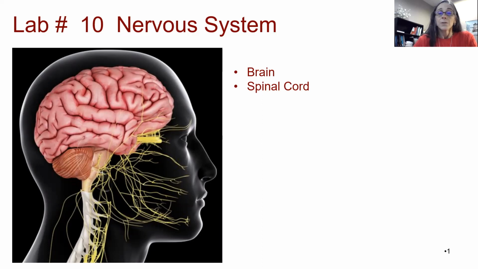Integration refers to the process of interpreting sensory input and deciding whether or not action is needed. The third function is what we call motor output, which is basically a response to the integrated stimuli, and this response normally activates either muscles or glands. That's pretty much your basic function.